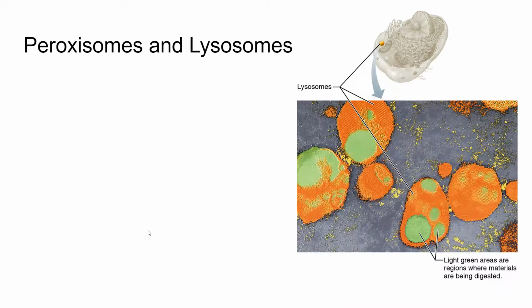Next are organelles called peroxisomes, which may be new to you, and then lysosomes. Peroxisomes sounds like peroxide, right? So think about it that way, because that's actually what it does. Peroxisomes are little organelles, and what they do is they go around and they neutralize substances called free radicals in the cell. A free radical is an atom or a molecule that has some spots open in its valence shell.